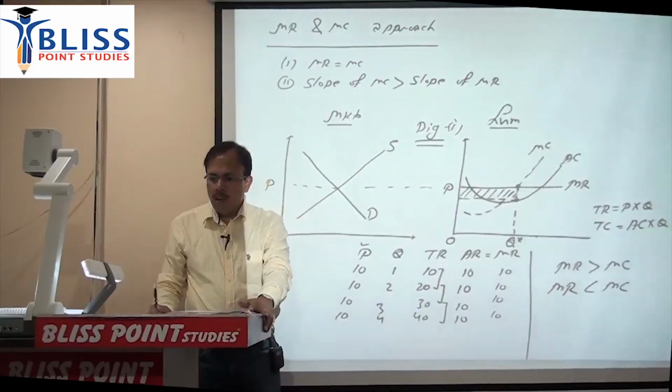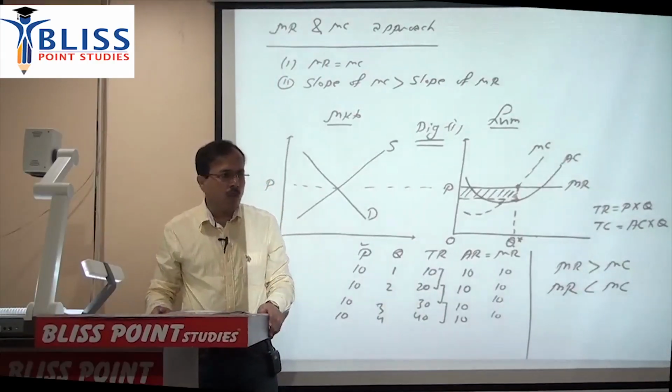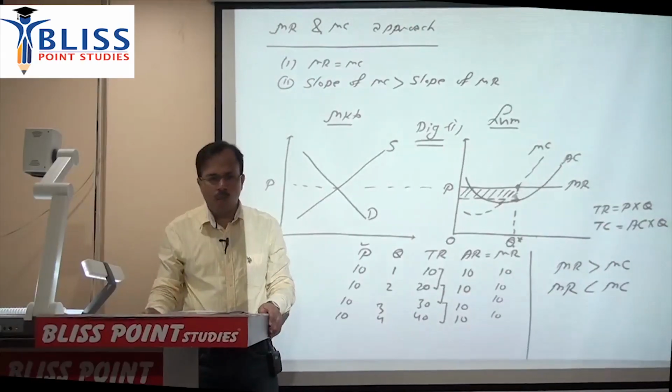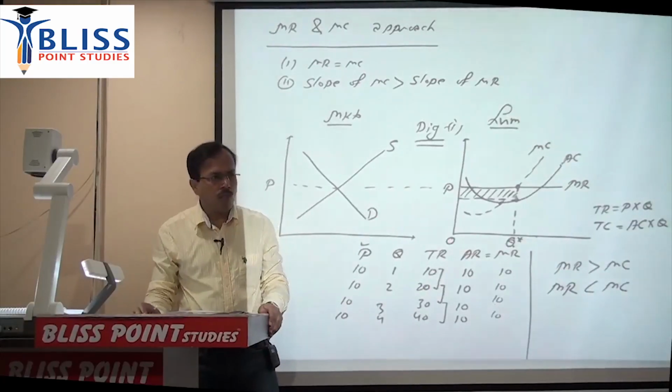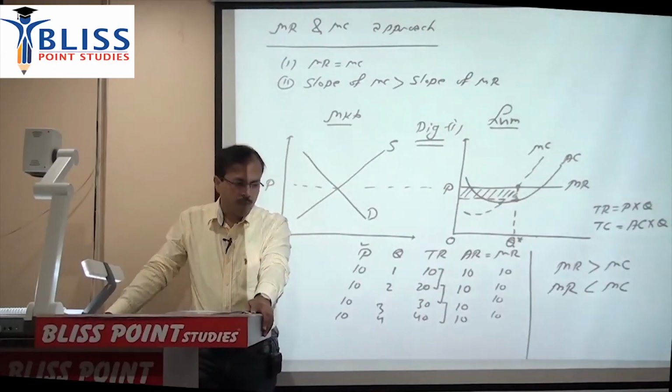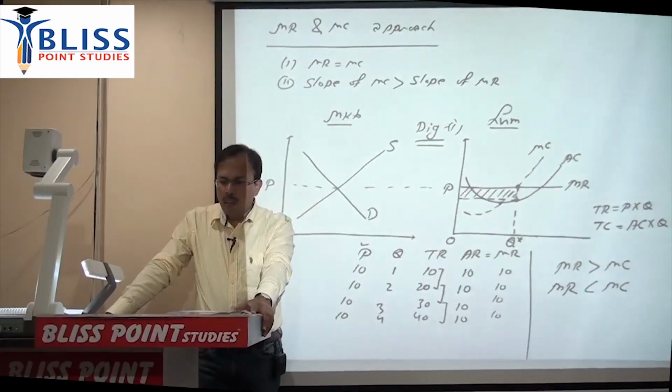When price is greater than average cost at equilibrium output, then the firm earns excess profit.